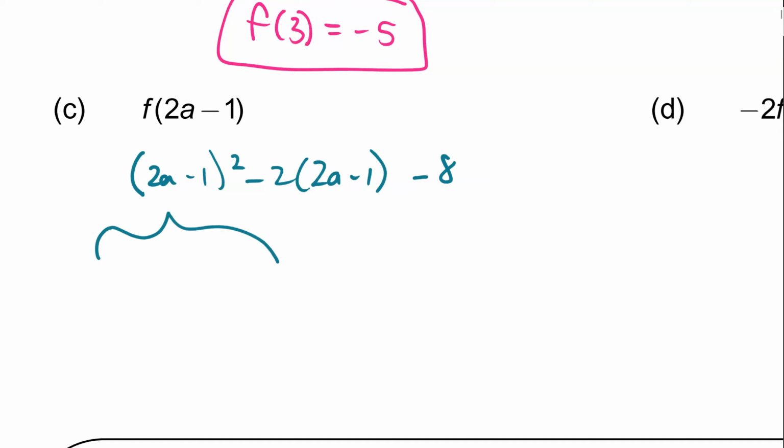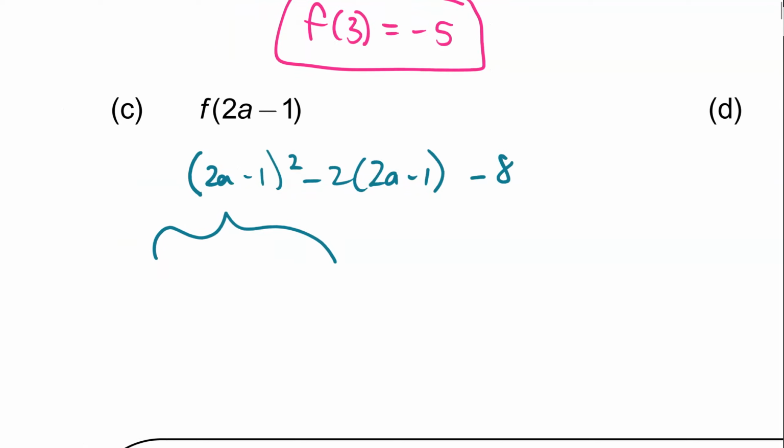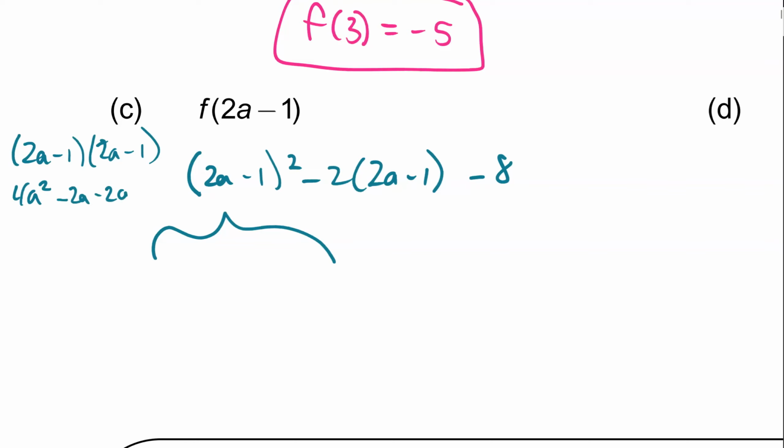Do not be lulled into 4a squared plus 1. That is wrong, because you have 2a minus 1 times 2a minus 1. I believe I covered this after your first quiz. If you FOIL it out, it's 4a squared minus 4a plus 1. And then this part will come from there: minus 4a plus 2 minus 8.